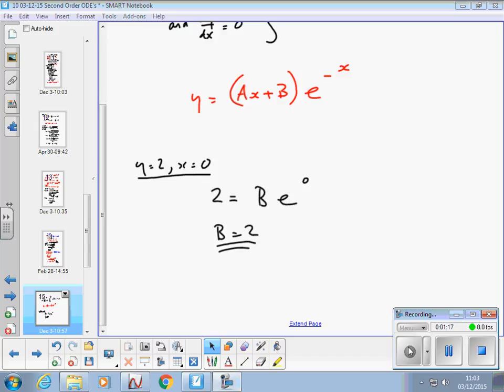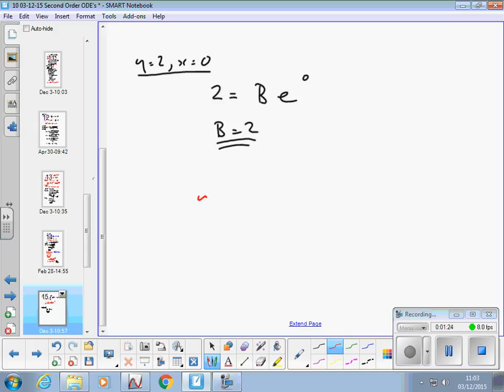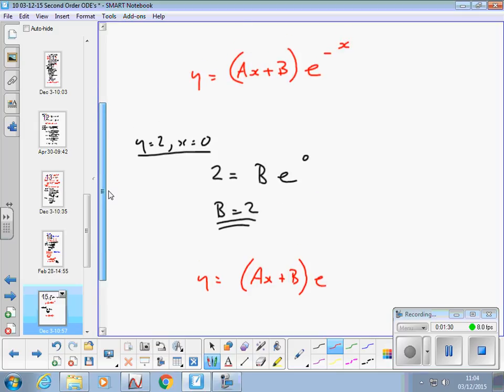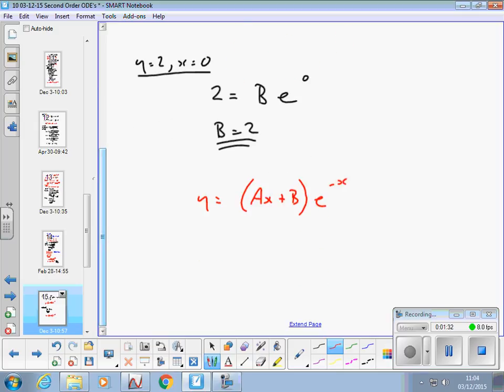So now we need to take this function y equals (ax plus b) e to the minus x and differentiate it using the product rule. So I have to let this bit equal u and this bit equal v, if you remember, the two separate functions.